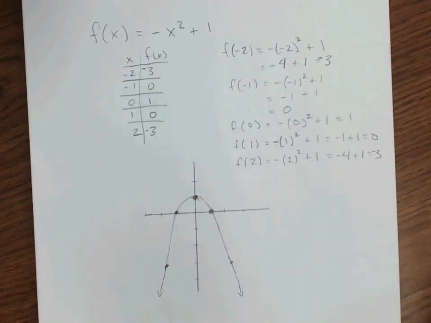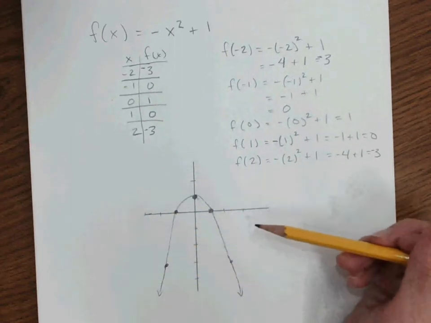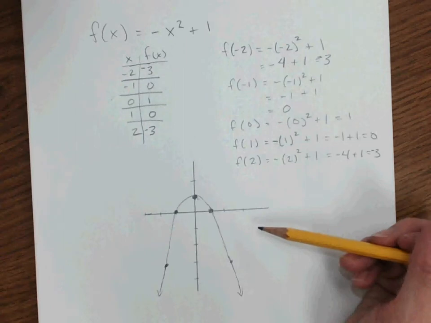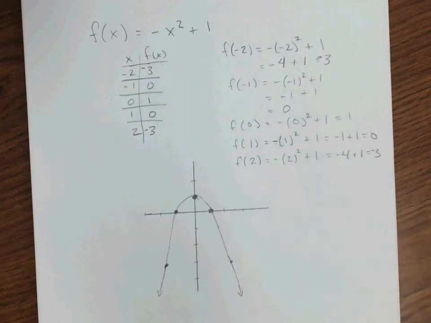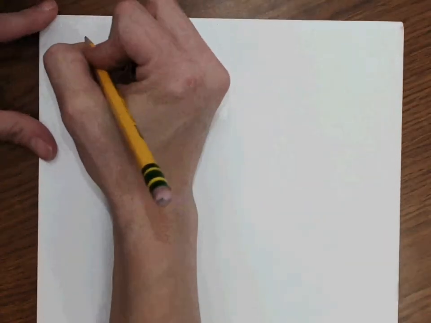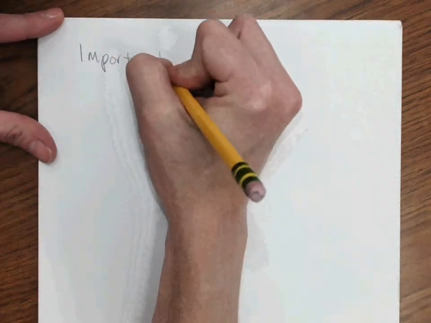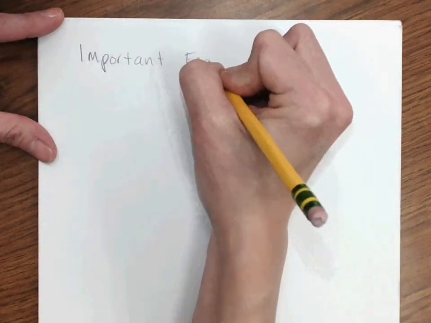I don't want to have to make a table for every one of these, and so the more that we understand about what this function does and what we can get from the equation, the easier this process is going to be. So let's look at important features of quadratics.